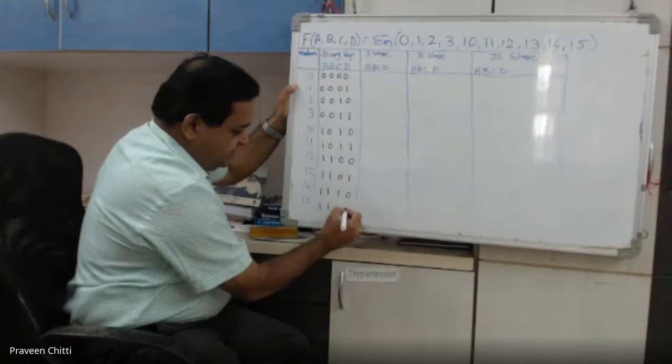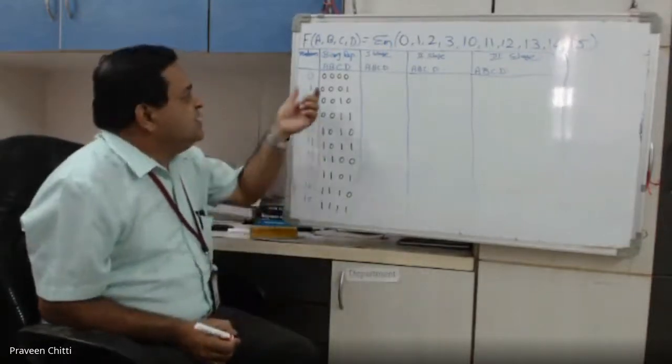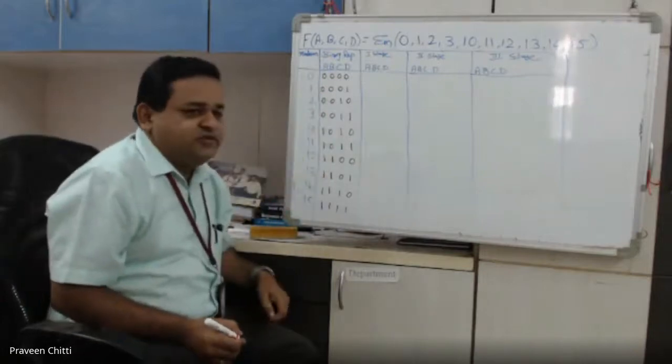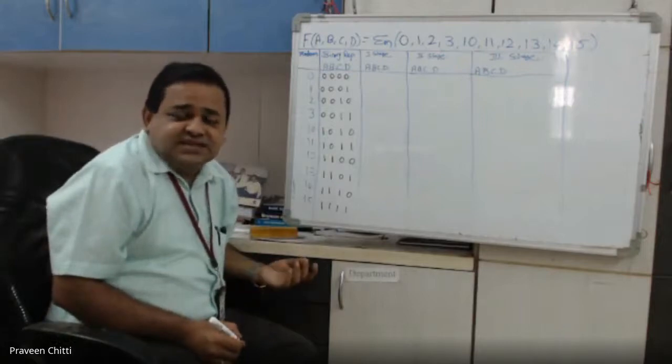And 15 as 1, 1, 1, 1. These are the minterms given, written in binary using the 4 variables A, B, C, D. This you can easily do.